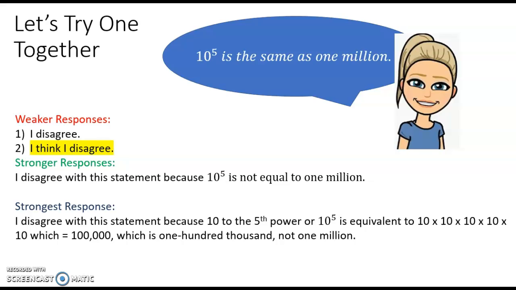I disagree with this statement because 10 to the 5th power is equivalent to 10 times 10 times 10 times 10 times 10, which equals 100,000, which is 100,000 in words, not 1,000,000. So that's the strongest statement because not only did they tell us that they disagreed, but they also explained why and gave a very specific example.